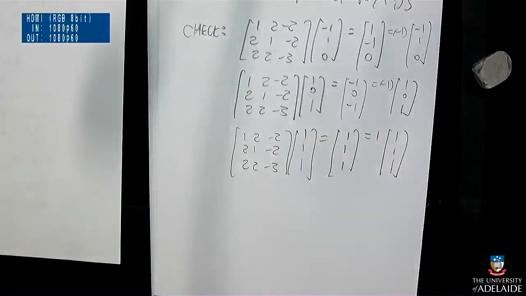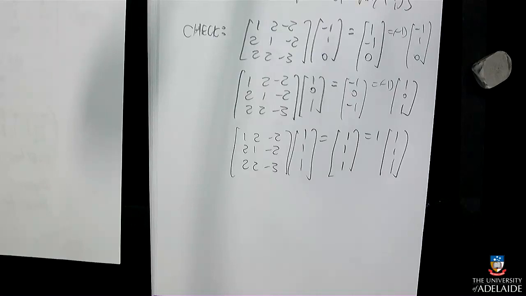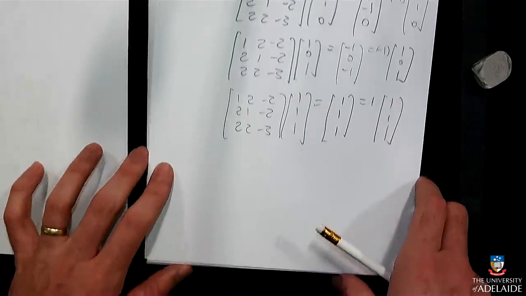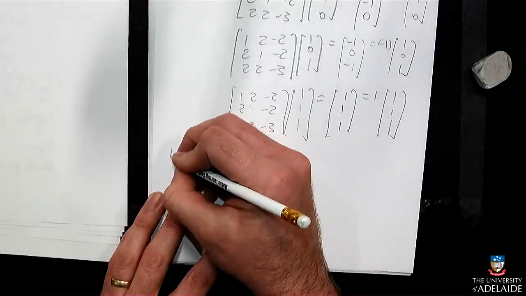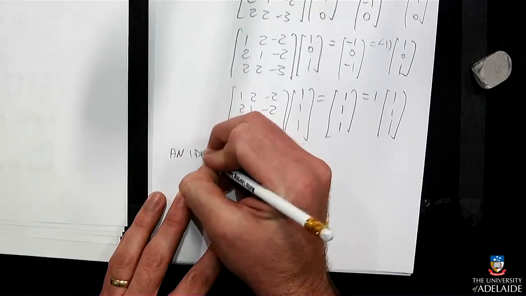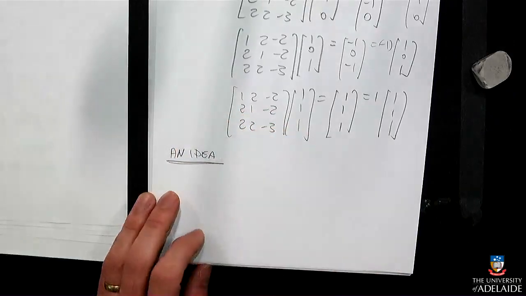So the thing is that eigenvectors allow us to do a really cool trick: if we make a matrix out of eigenvectors for another matrix, we can use that new matrix to diagonalize the old one. Or even better, here's an idea.